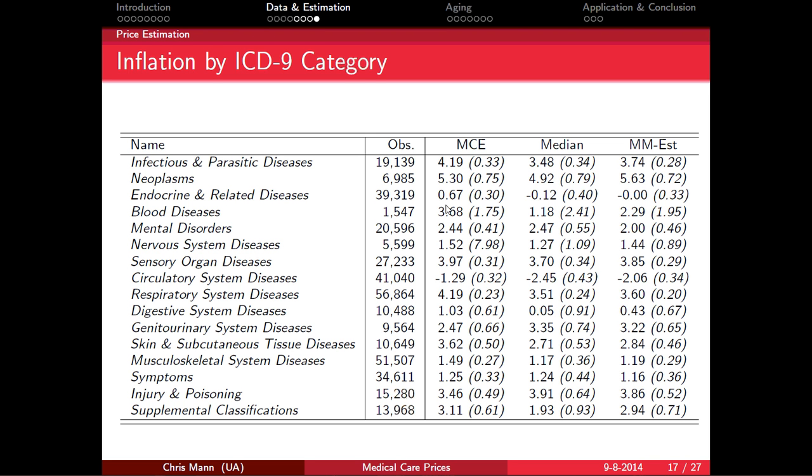I haven't listed utilization growth here, but it's pretty easy to see that these inflation rates are related to the change in utilization of resources used in treating these diseases. I'll talk about that a little later, but the correlation between those two is about 0.92.